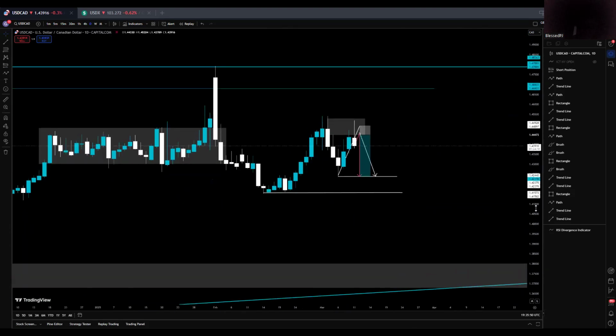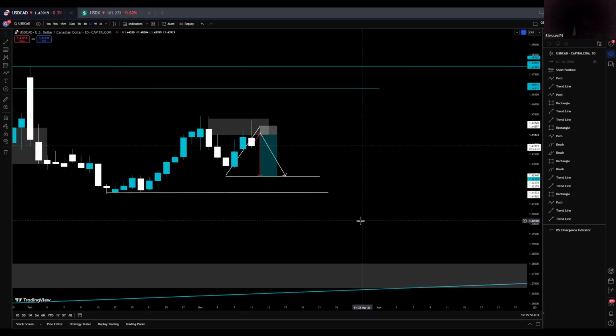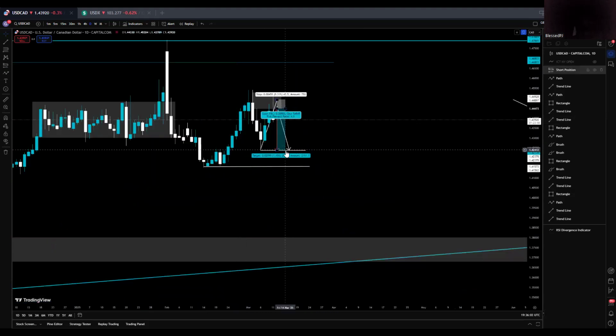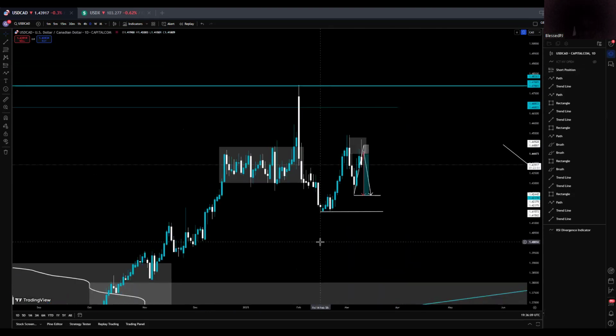Do you understand? Yes. So now we should be expecting this market to shoot downwards in the future. But this will be our first take profit. Then you can look for lower prices, where you have reaction to that and take advantage of it.